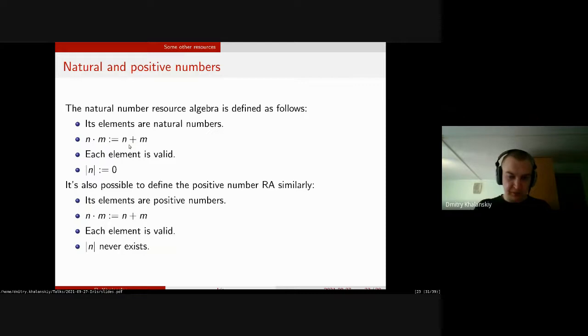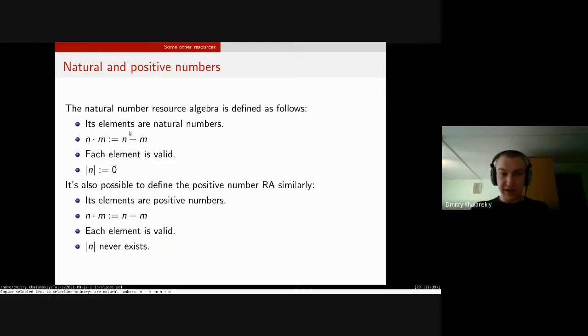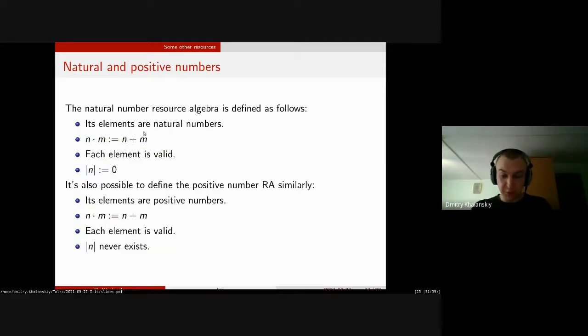If the other thread owned, let's say, 7, and we owned 5 under the same name, then there exists a valid frame preserving update, after which we would own 12 and the other thread would still own 7. Given that each element is valid, every update is frame preserving. So why would we need those?